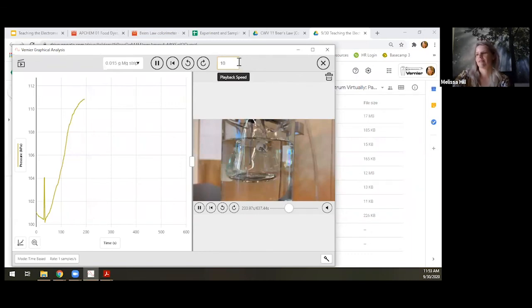I think I have to pause before I do that though. And then it'll go a little bit faster. Yeah, and then there are multiple data sets in here for the different magnesium strips. And so you'd see that. So eventually you'll be able to have a different video for each one of these. But that's GA Pro in a nutshell.